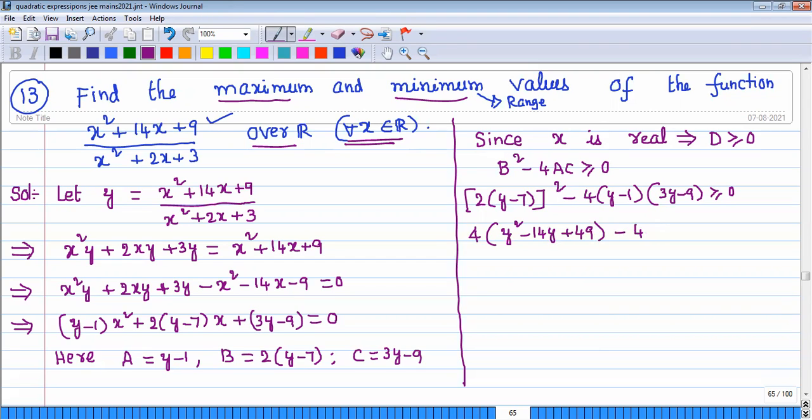And minus 4 times 3y square minus 9y minus 3y plus 9, that is minus 12y plus 9. Minus 1 into minus 9 is plus 9, greater than or equal to 0.